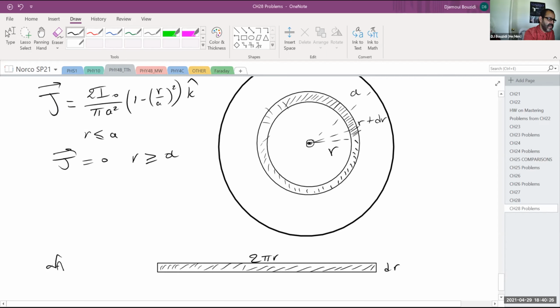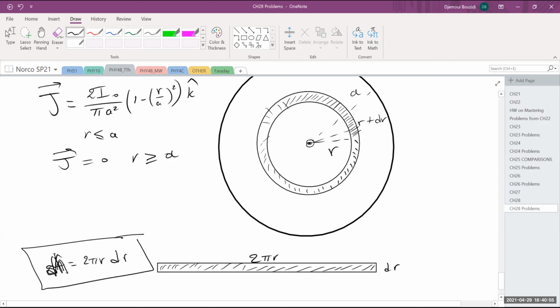Basically, I have a rectangle whose width is 2 pi r and whose height is dr. The area is just 2 pi r times dr. Correct, so that is the area dA of this strip.